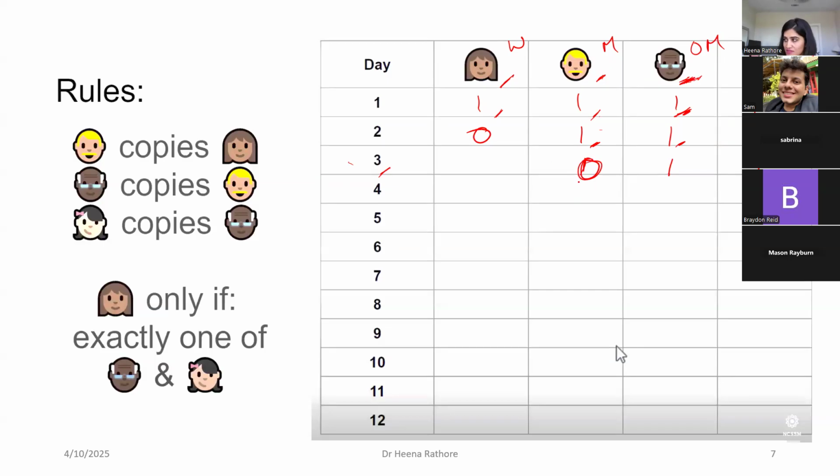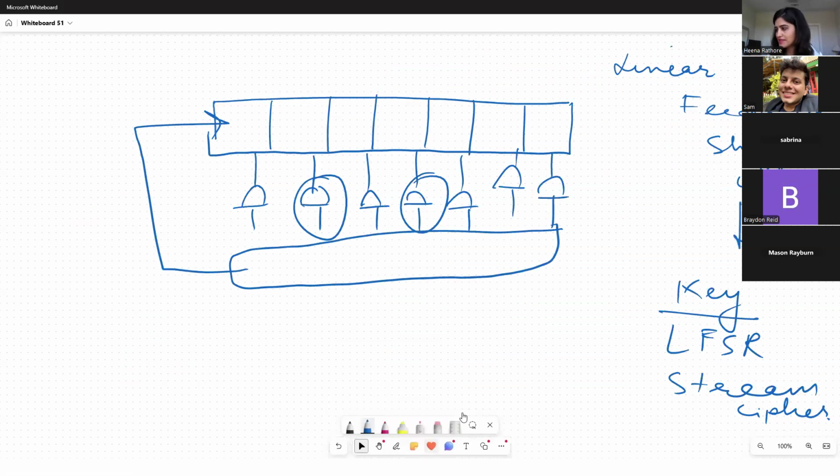I'll show you one example so that you understand it better. And as I mentioned, the woman will have an umbrella if exactly one of them the previous day, which is day number 2, had an umbrella, which in this case would again be 0. So if you understood this concept, let me show you how exactly this LFSR concept works.